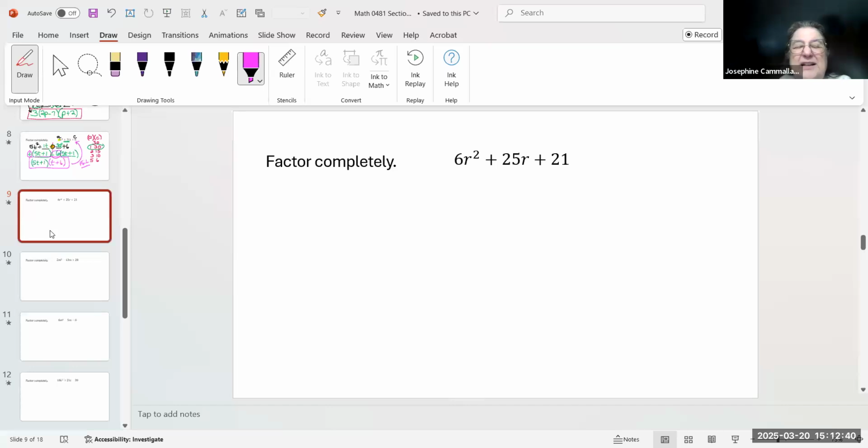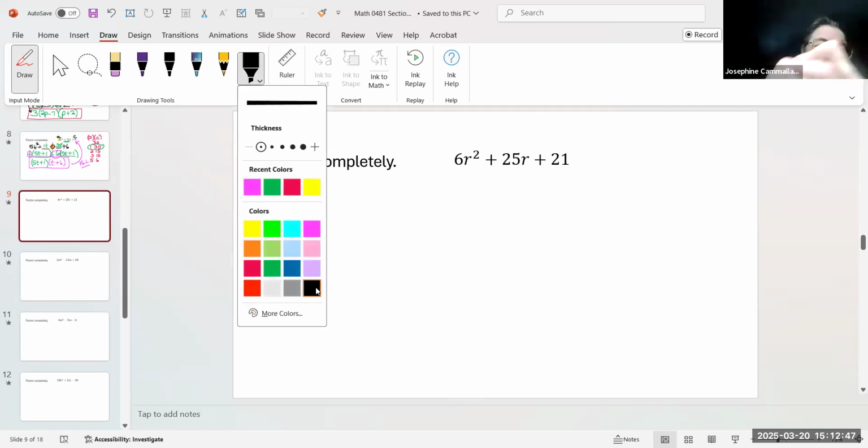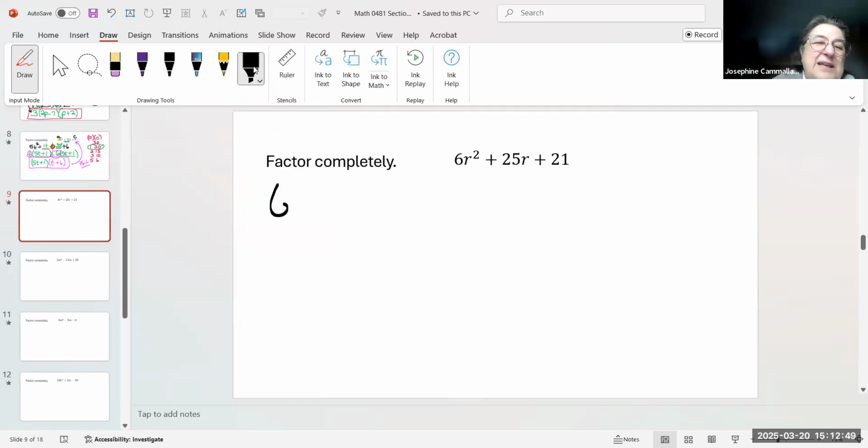Let's try this one. Now, I'm going to tell you the numbers are going to get a little bigger. This is giving me 6r squared plus blank, circle blank, plus 21.